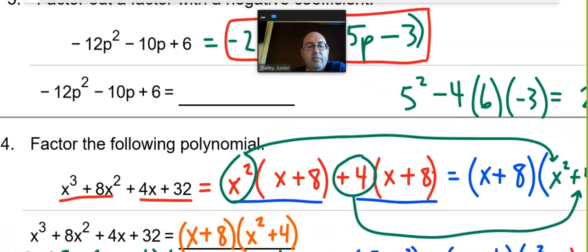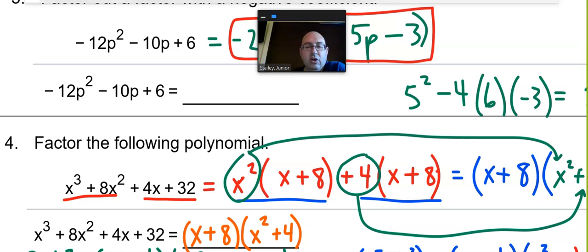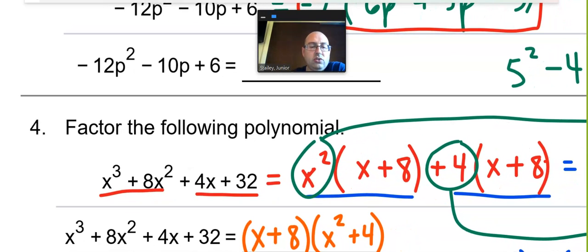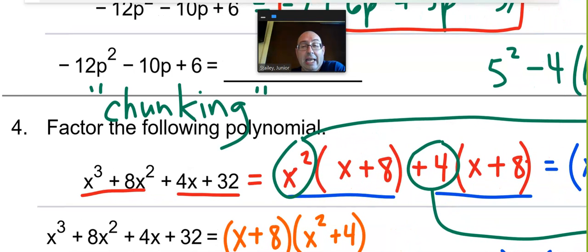As you can see, a little bit more involved, more things going on here. This one involves a process called, let me write it down for you, chunking. I know, completely technical math term, but that's what they call it.